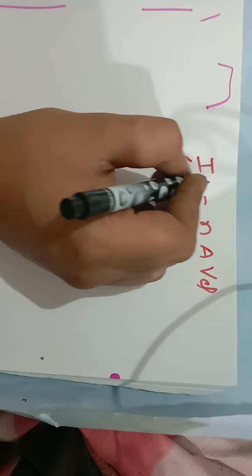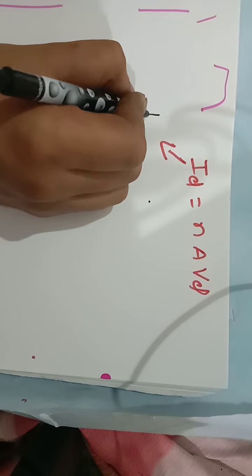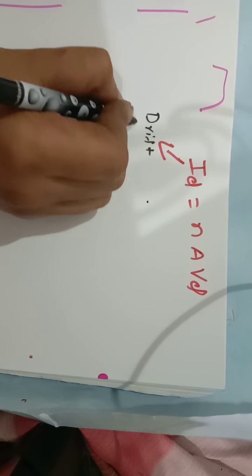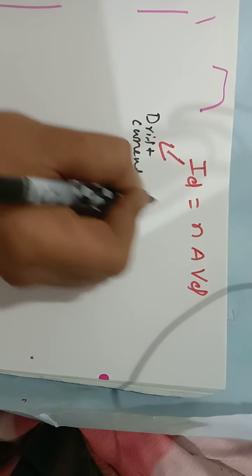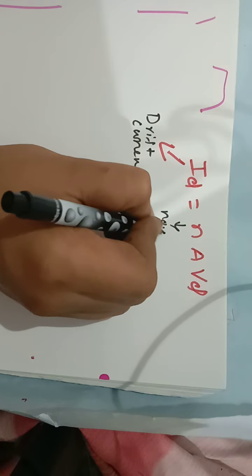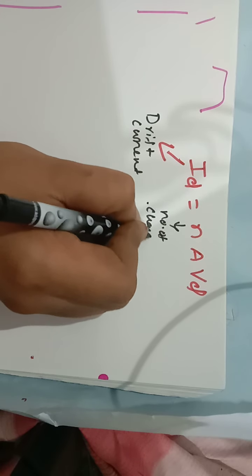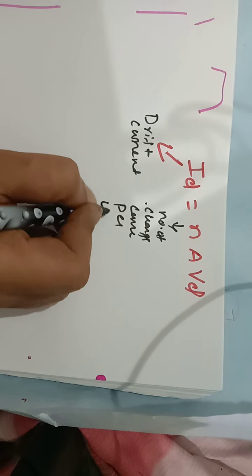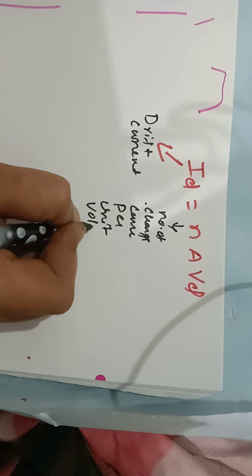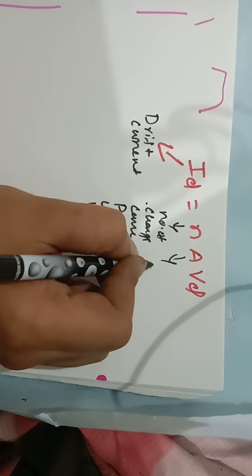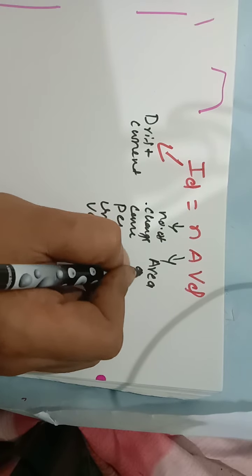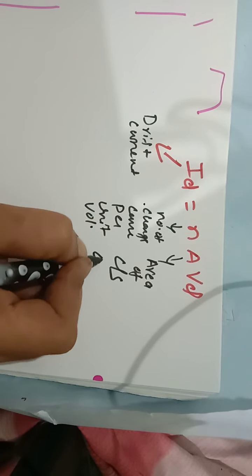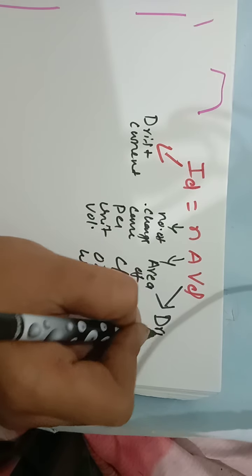Id is the drift current. This n is the number of charge carriers per unit volume, this is the area of cross section of the wire, and this is the drift velocity.